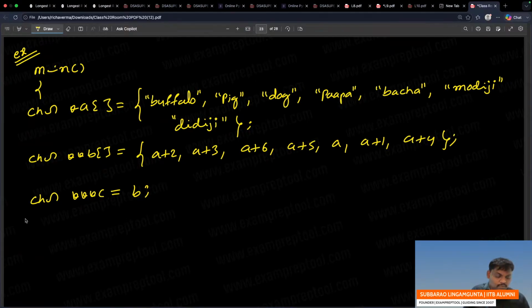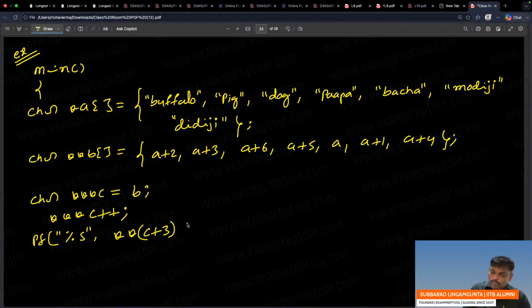Next, star star star c plus plus. Next, printf percentage s, star star c plus 3 plus 2.